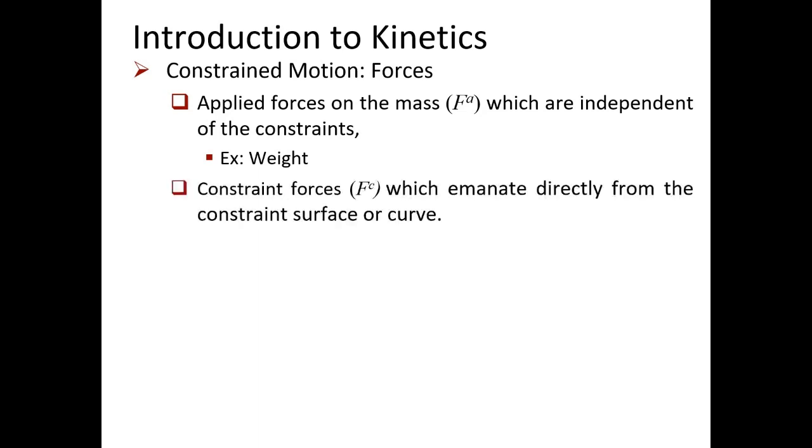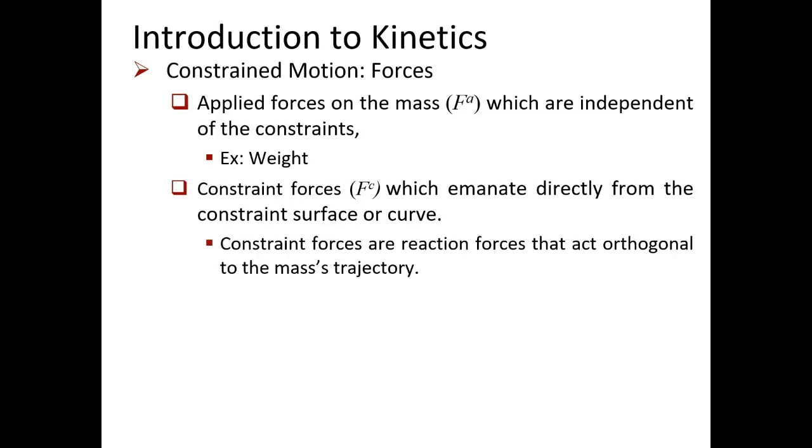And then the constraint forces, just to make sure that the object moves only along a certain predefined path, we have to restrict definite degrees of freedom. Just to restrict the degrees of freedom, we have to apply a force. We can't change any movements without applying force. So forces that provide that constrained motion are called constraint forces.